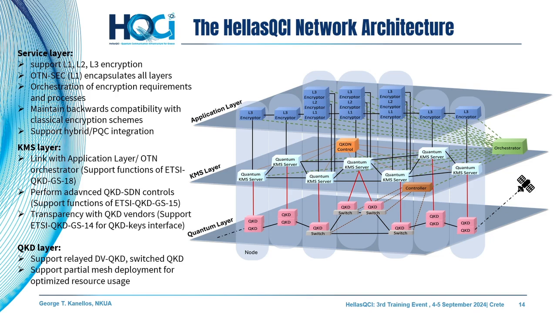And we see that not only in the hybridization of the keys fed using QKD and PQC keys in a blended fashion, but also hybridization of the KMS layer, for example, in the authentication of the nodes, of the KMS nodes, processes, etc. Now, on the KMS layer, things are clear. We discussed them already. There are these standards, so all we needed was to make sure that we have technologies that comply with these standards.